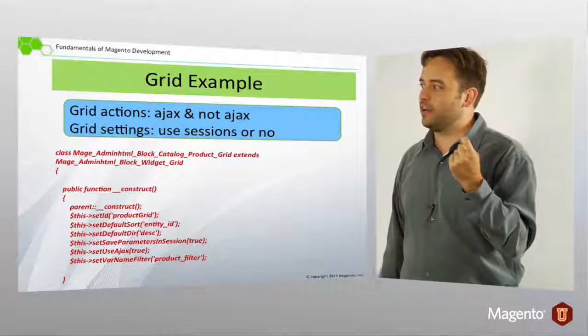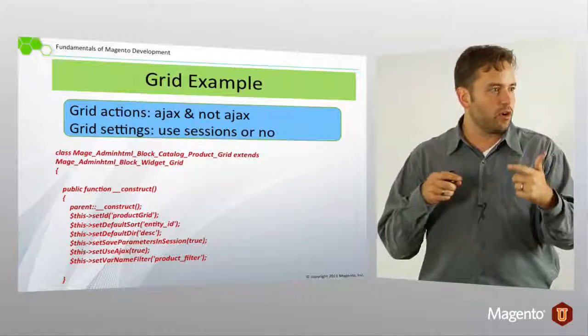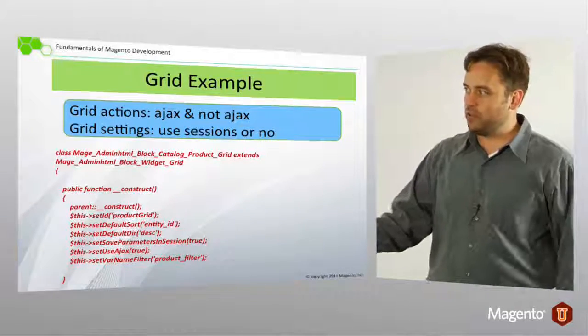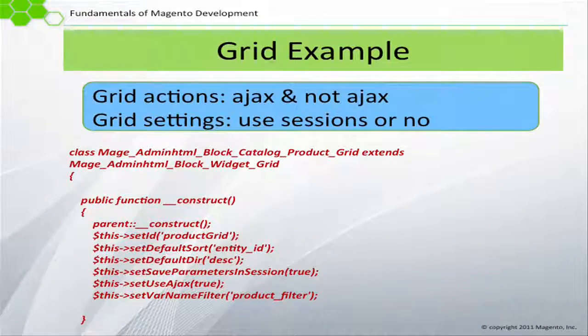The key thing is that in order to use Ajax for our grid, we just call set use Ajax. Make a new action, and for the layout for our new action, just refer to our single block and not the entire content node that we've been specifying. We'll see what that looks like in a second.